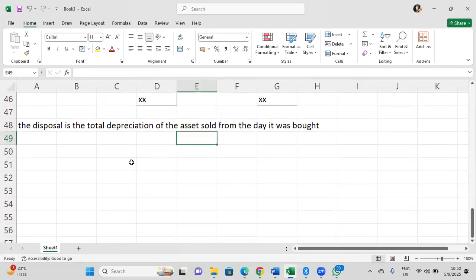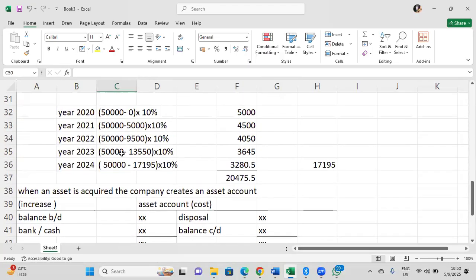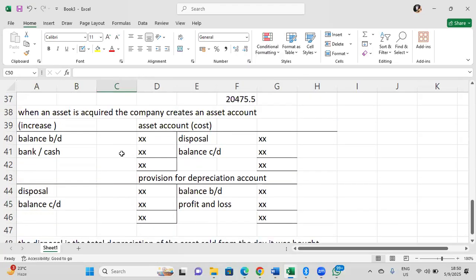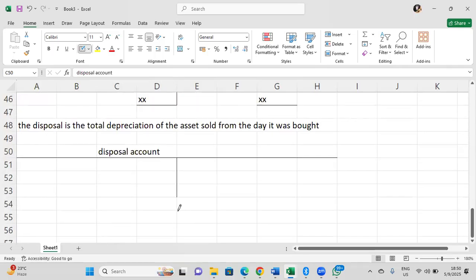Besides the provision for depreciation, we also have what we call the disposal account.